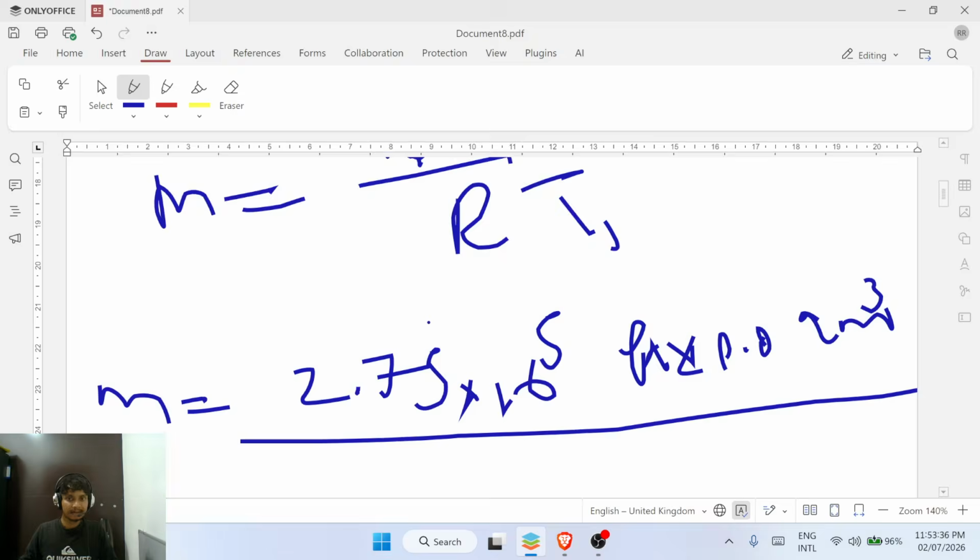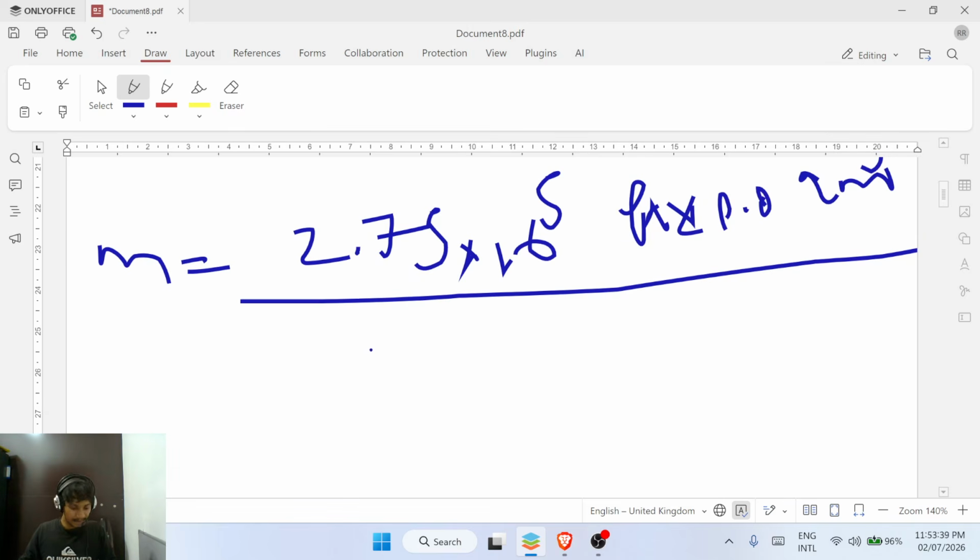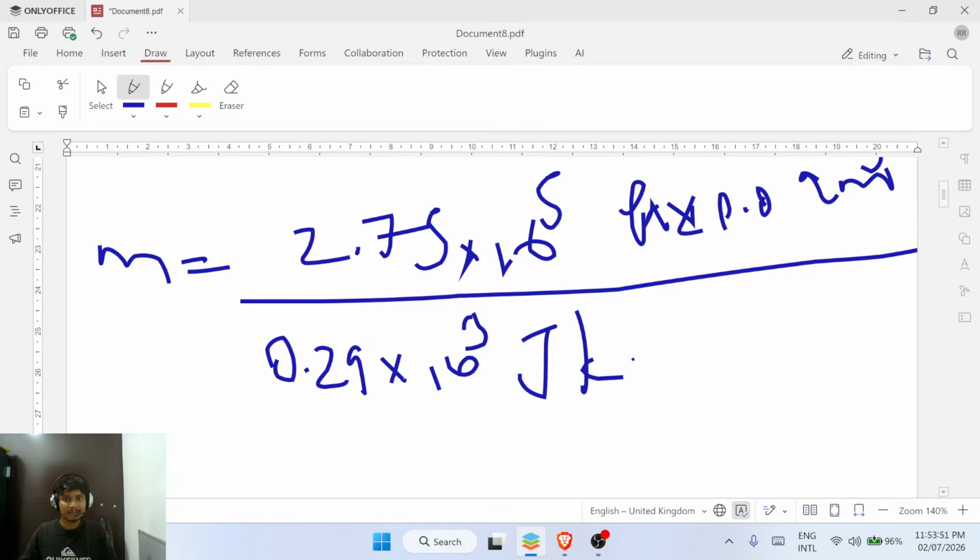Divided by, in the denominator, R, the specific gas constant, 0.29 into 10 to the power 3 joule kilogram minus 1 Kelvin minus 1.